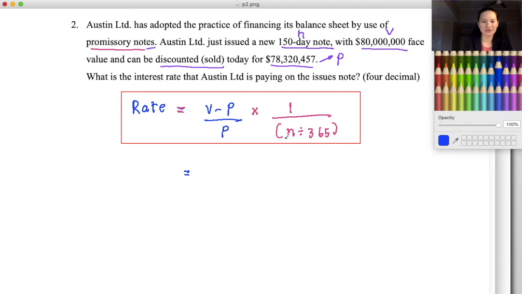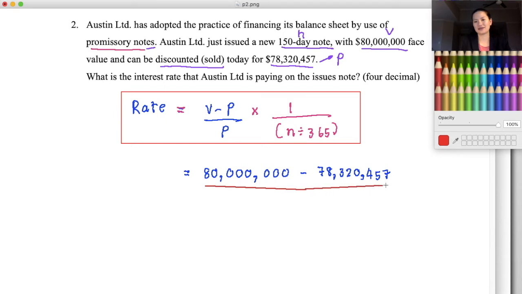V is 80 million. Be careful when you use the calculator: 80 million is 80 and 6 zeros. Minus P, 7832047, and then divide that by P again, 7832047.